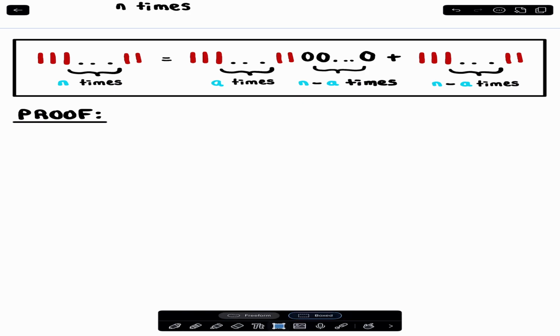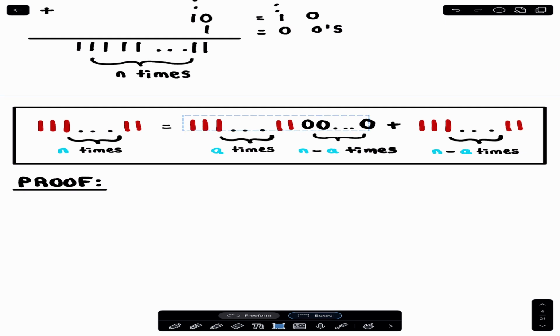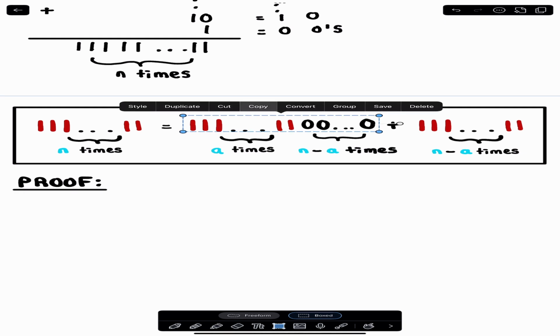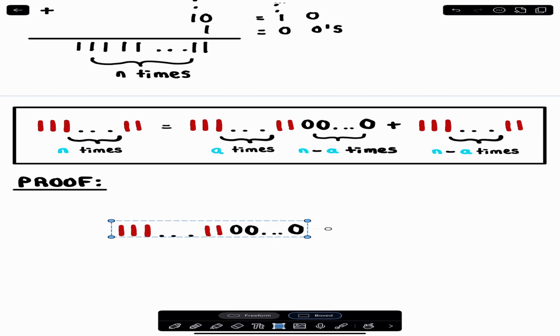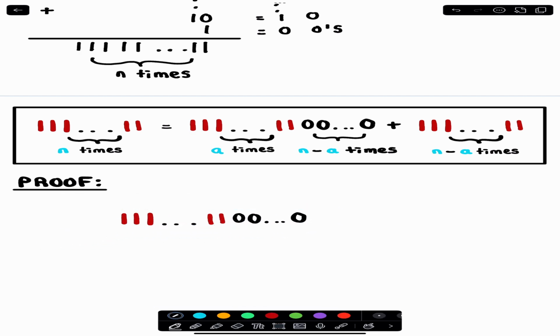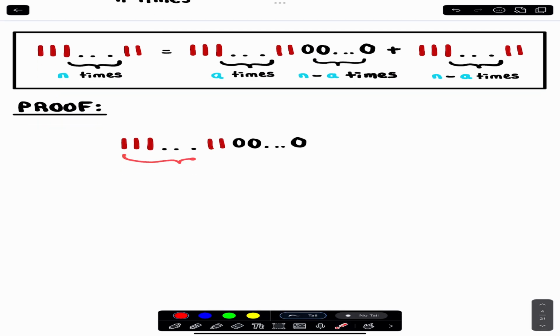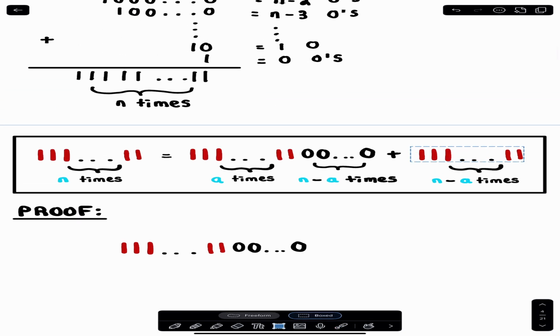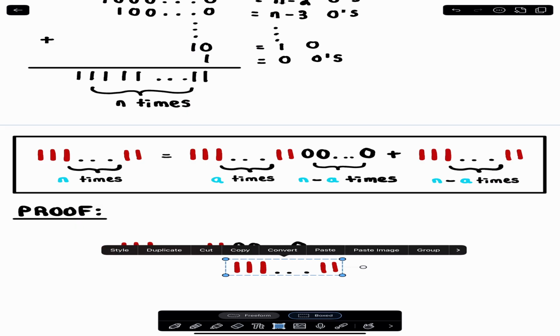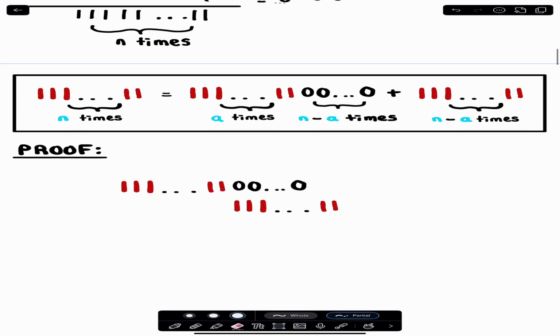Because if we start off with this over here, let's just copy that. Let's say we were to add that here. So from here to here, there are a ones, and then from here to here, there are n minus a zeros. But if we were to line them up with these n minus a copies of 1, well, it should be like this.